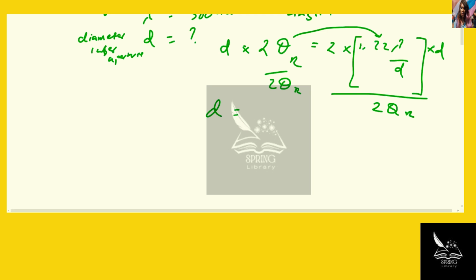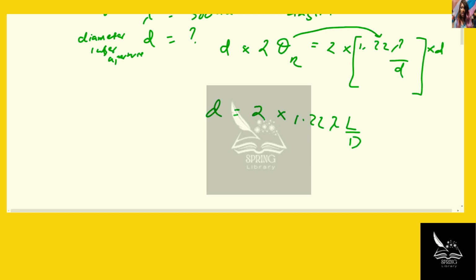If we do simplify the problem, we're going to see something else happening. This is d equals 2 times 1.22 lambda L over D. That's another way of seeing it. We don't even have to divide both sides by D because we're doing a different kind of replacement, connected to the small d.